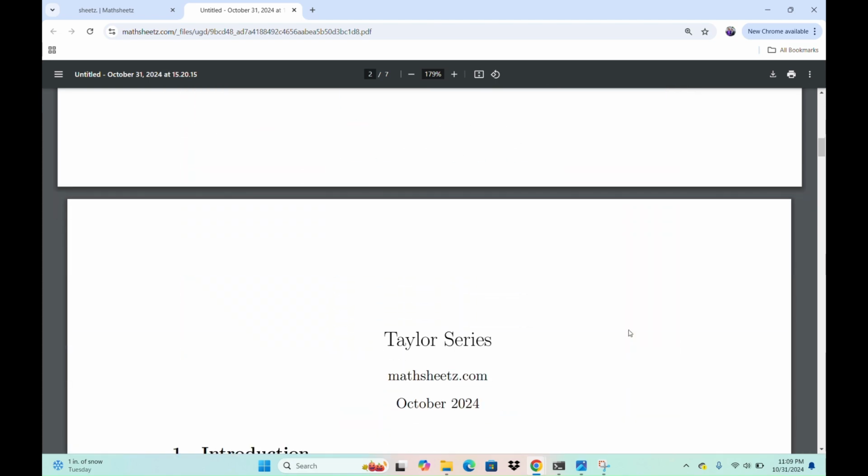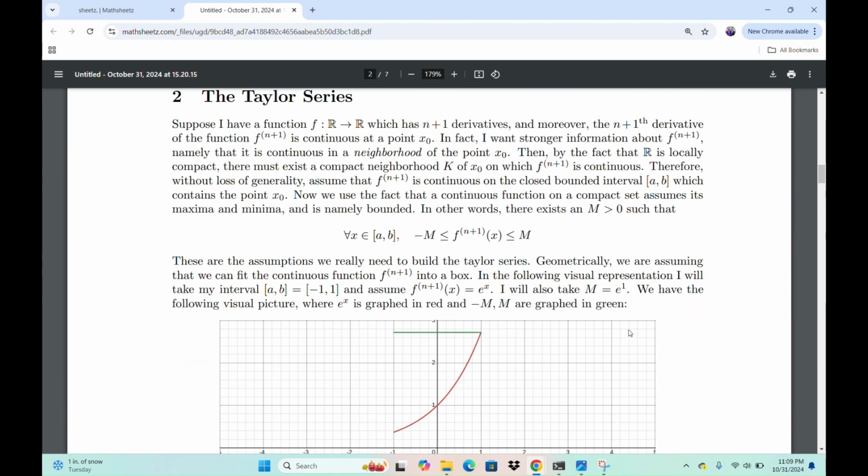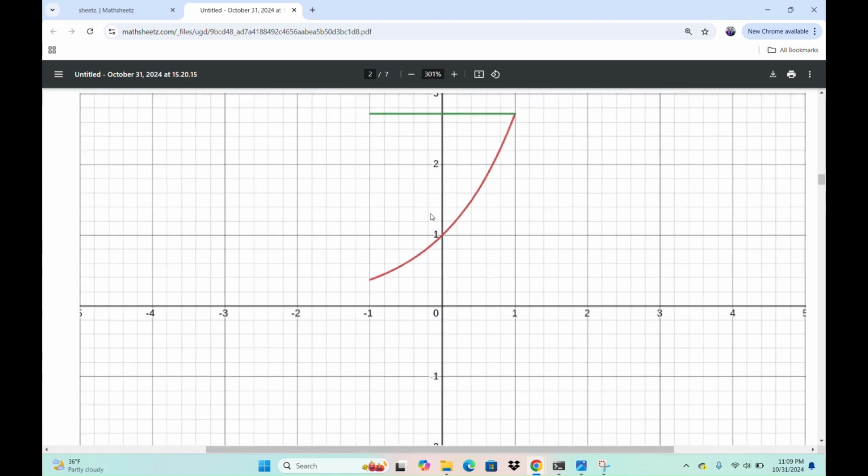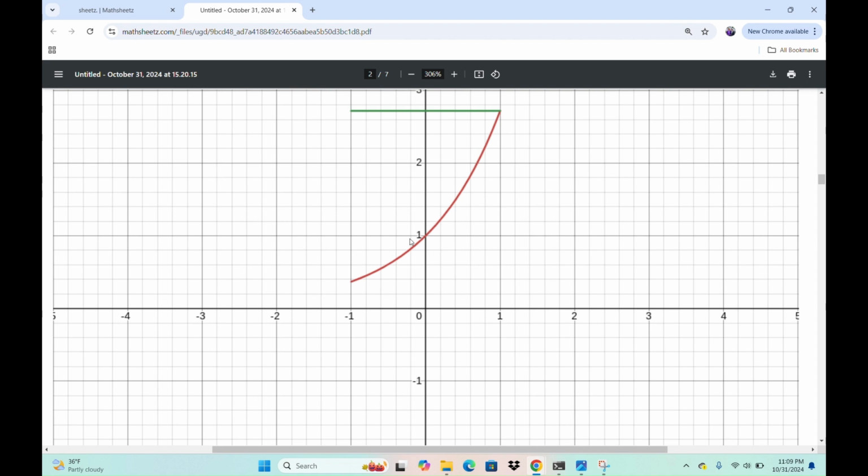So essentially, we start with a few pieces of information. We start with the function f. For these graphic examples, I'm going to draw the function in red. I'm going to use the example that everyone uses, e to the x. But anyways, we're starting with some function. Now keep in mind that the graph of this function, ironically enough, is actually graphed using Taylor series.